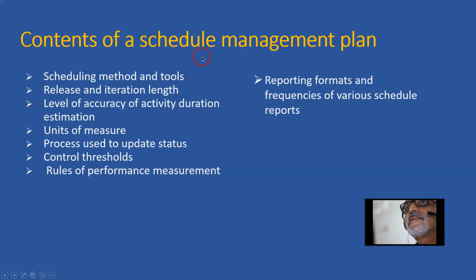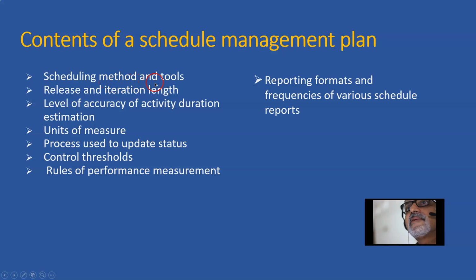The contents of a schedule management plan are scheduling methods and tools, release and iteration length, level of accuracy of activity duration estimation, units of measure, process used to update status, control thresholds, rules of performance measurement, reporting formats and frequencies of various schedule reports.